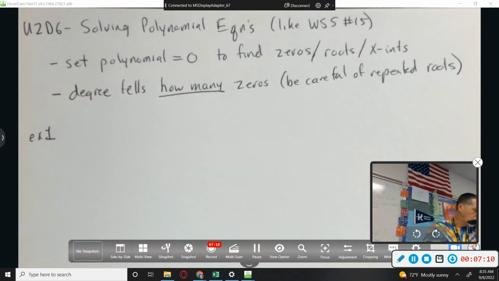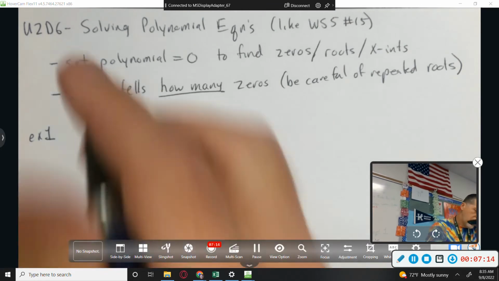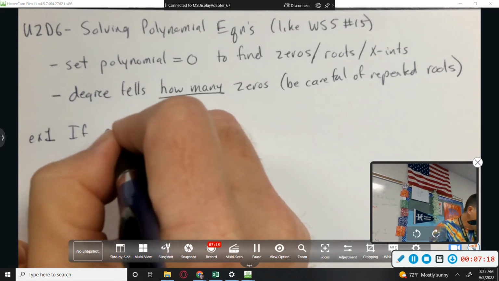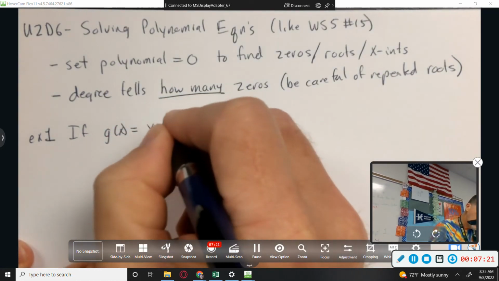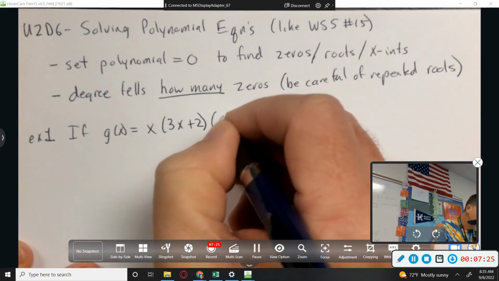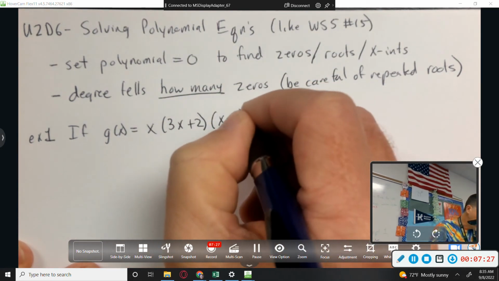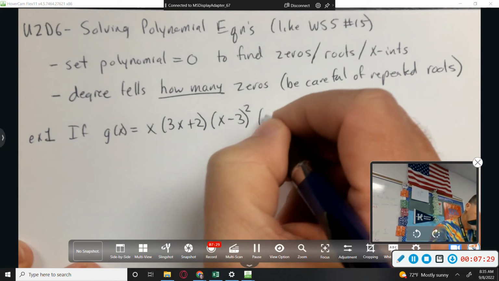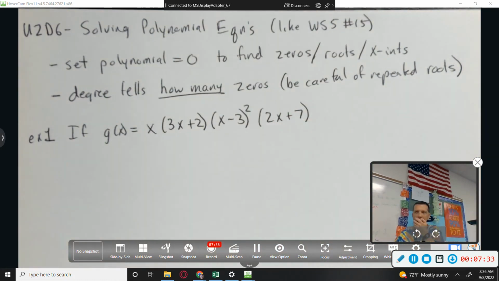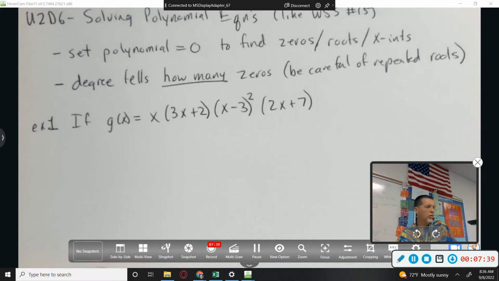All right, let's do a couple of review questions. If g of x equals x times 3x plus 2 times x minus 3 squared times 2x plus 7, that would be really ugly, but it's already factored, so they did the hard part for us.